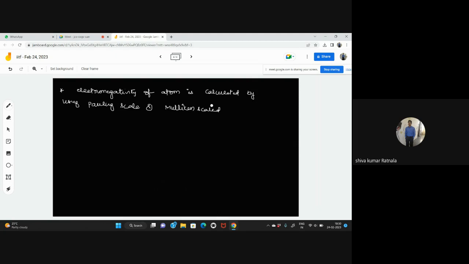Okay, Pauling scale. In this one, what we can say is that the Pauling scale is most widely used. That is how we can see that one.